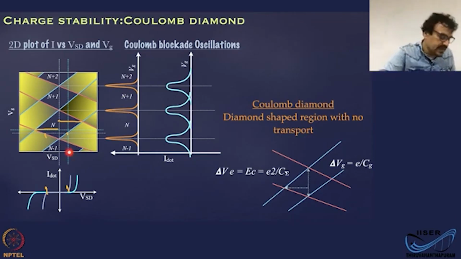So just by taking this diagram, you can get a lot of information about the geometry of the dot. If you have many gates, you can get the capacitance of all those gates by repeating this measurement with various gates. Okay. So this Coulomb diamond acquisition in a measurement is a very important step, and it is a necessary step to verify that you have a quantum dot.